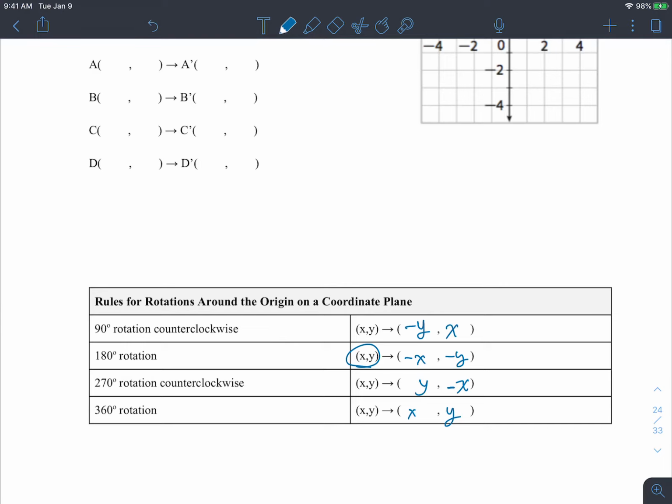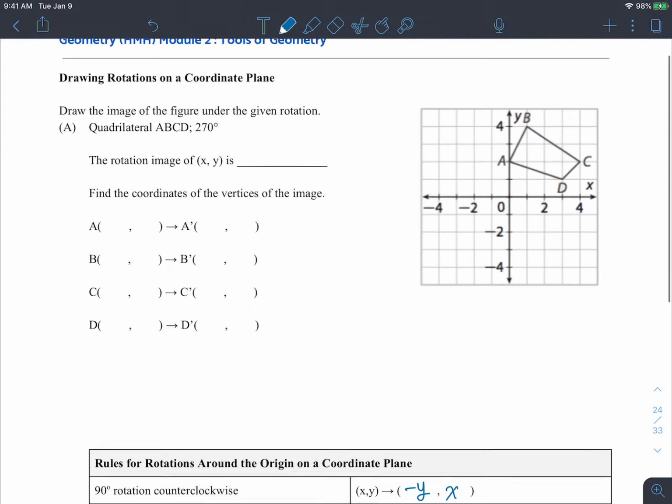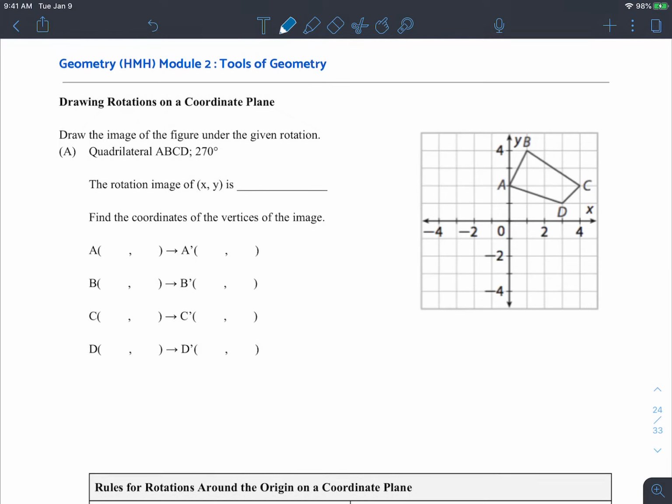And we'll figure out why. You could memorize it if you like, but I think you should at least try to figure it out on your own first, and then it will make more sense to memorize. So the rotation of the image (x, y) at 270 degrees counterclockwise, that's implied, is indeed (y, negative x).